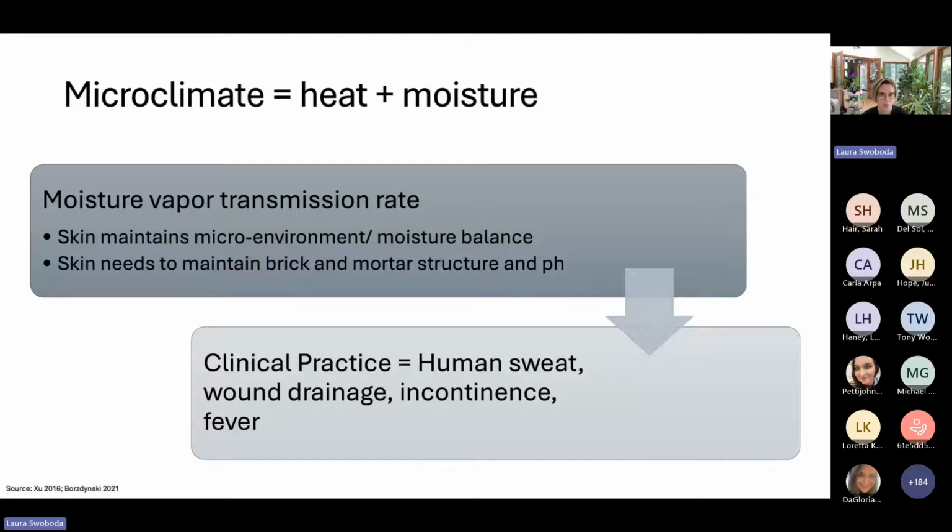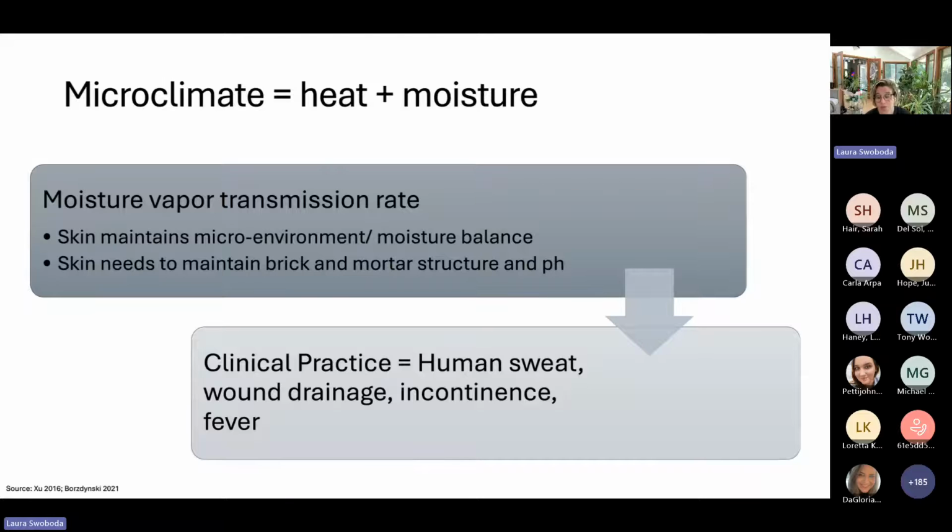Our skin maintains our microenvironment, it balances our moisture, it holds all of our human fluids in, but it needs to maintain that brick and mortar structure and its pH to be able to do that. And it's affected by a lot of different things. In clinical practice, the things that we see that are really going to impact that heat and moisture are our sweat.